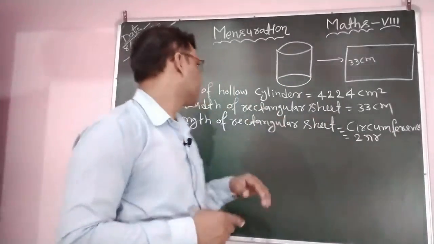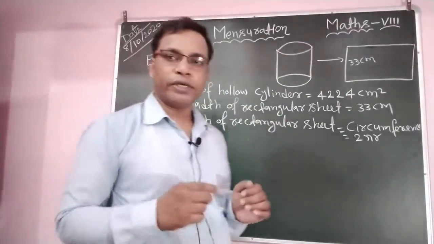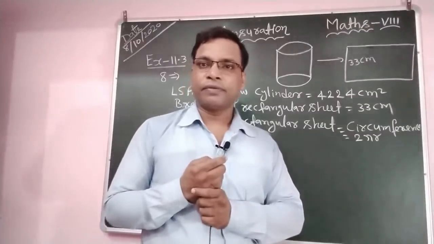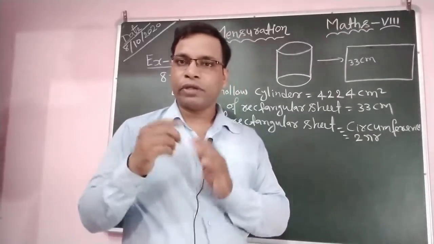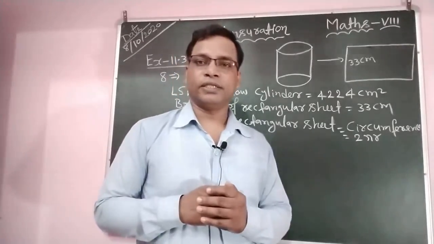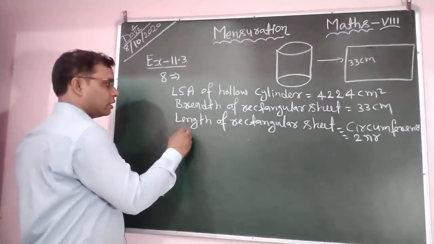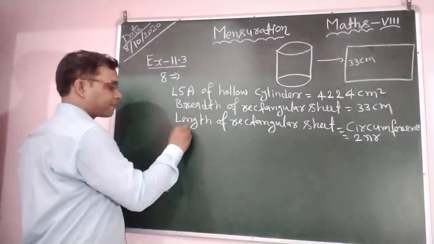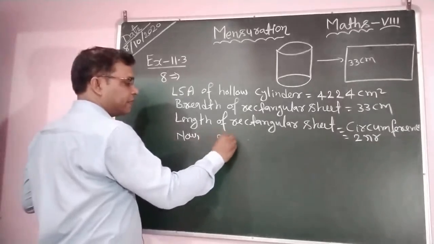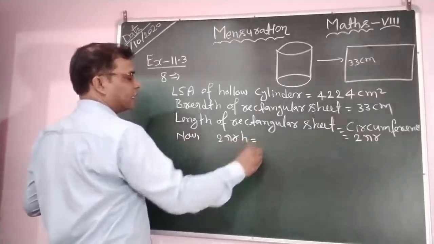Because here the lateral surface area of the hollow cylinder is given. So which formula is used to find the lateral surface area of the hollow cylinder? We use 2 pi rh, where h represents the height.